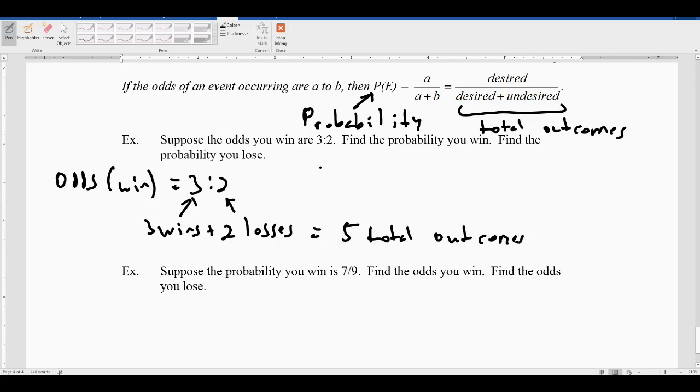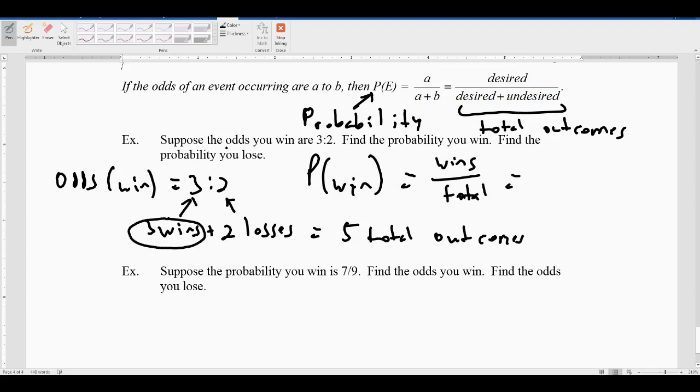So when you want to find the probability that you win, you're going to take the wins over the total. So how many wins do we have? 3. Because this is given the odds that you win. So we have 3 wins over how many total? 5. So the probability is definitely a fraction. That's why I like to use a colon for odds, because sometimes you have questions involving probability, and this will almost always be a fraction or a decimal.